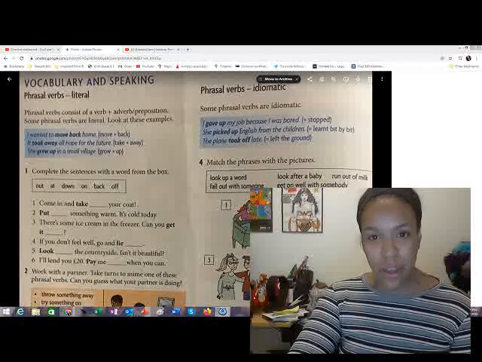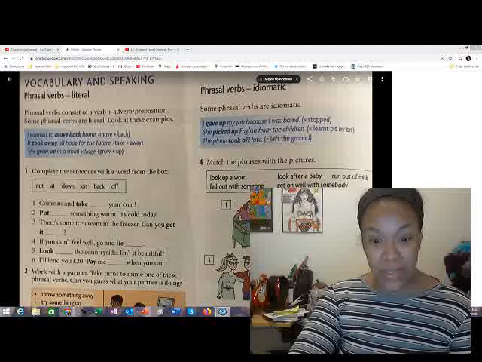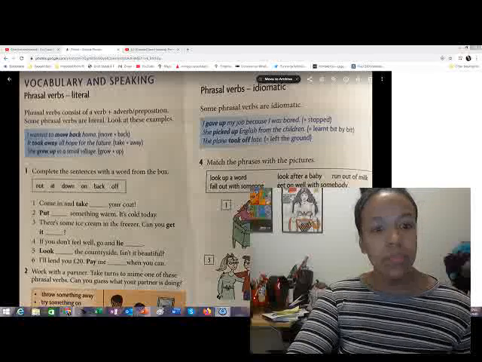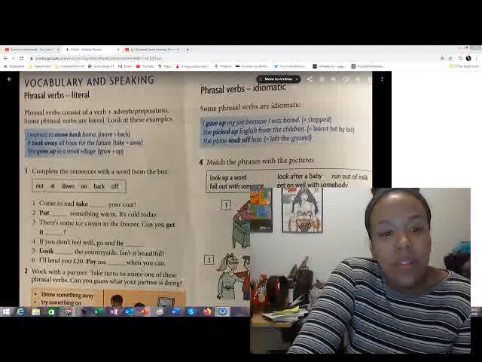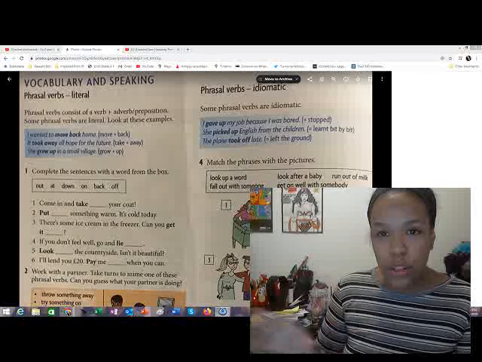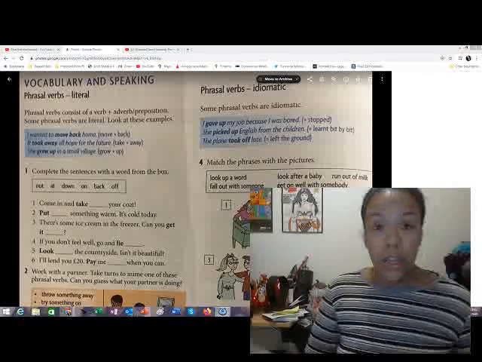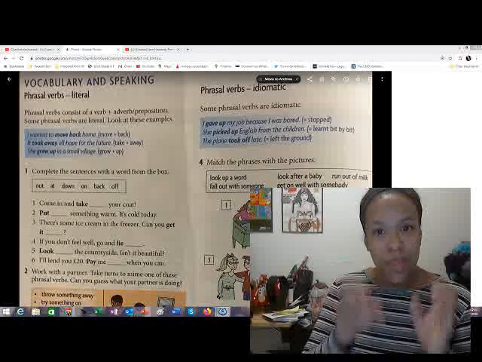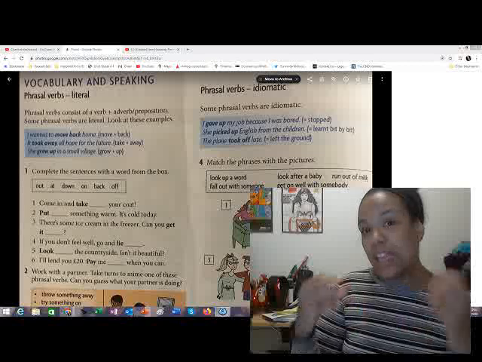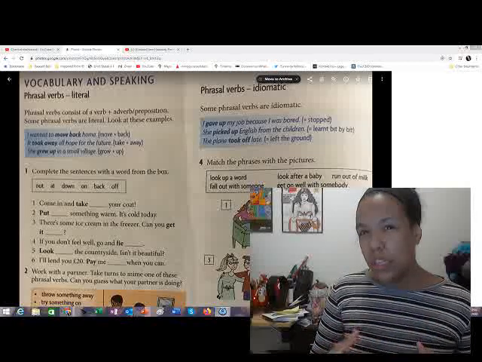Let's take a look at the other combinations and what else we can say here. The next one, put blank something warm. It's cold today. Again, put. You can combine the verb put with many different prepositions and it will give you a different meaning.